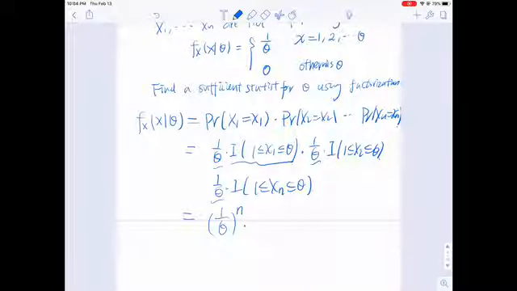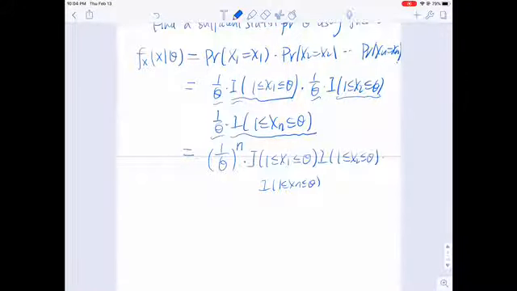And for the rest of the indicators, indicator function has one important property. So I of A1 and A2 and An is equal to I of A1 times I of A2 times I of An.